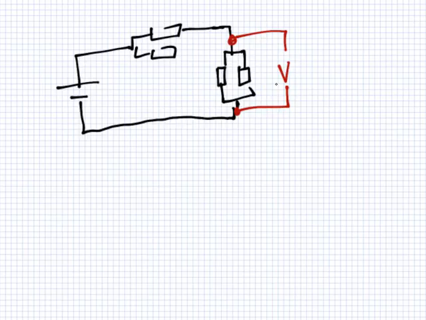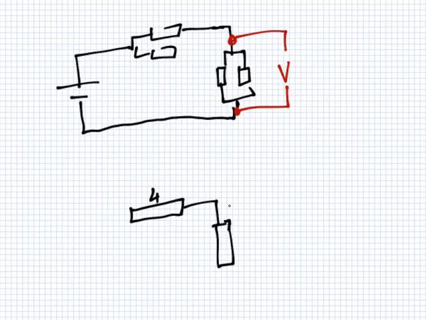So first thing I'll do is add those resistors together. What rule do I need to use? 1 over R. On the top we'll get a 4 ohm resistor, and then on the side here we'll get 1/8 plus 1/40.